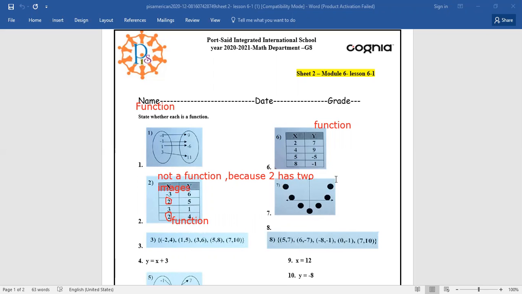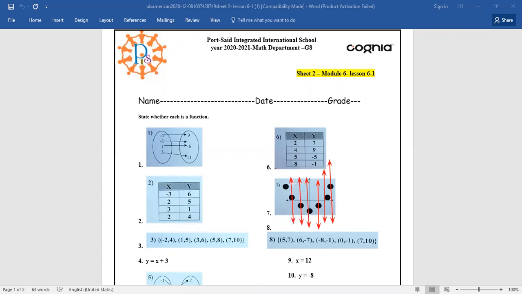Let's move to the next question. How will we decide that this one is a function or not a function? Remember, if you have a graph and you want to know if it is a function or not, you have to use the vertical line test, which means I'm going to check that this line will pass through only one point. Here, it will pass through only one point, 1 point, 1 point, and so on.